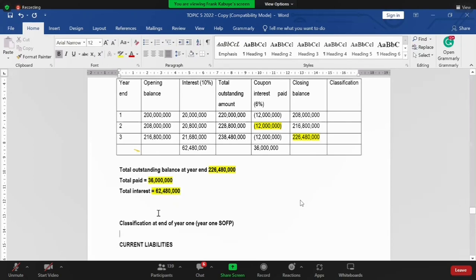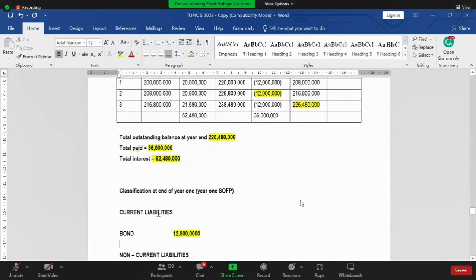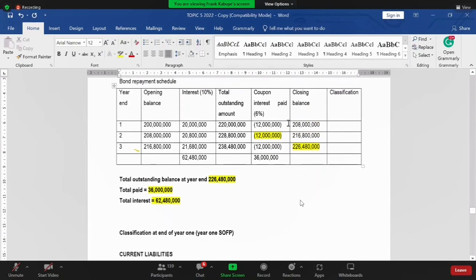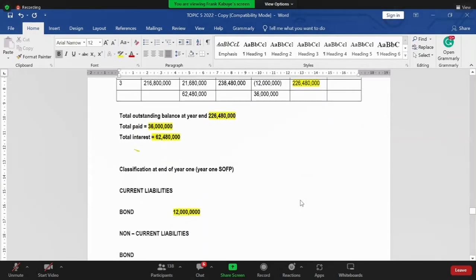So when you're in year one, we have only paid 12 million, yeah? We have only paid 12 million. The rest is outstanding. So in year 2, the 12 million you're going to pay in year 2 becomes the current liability, like this. Then the non-current liabilities in year 1 will be 226.